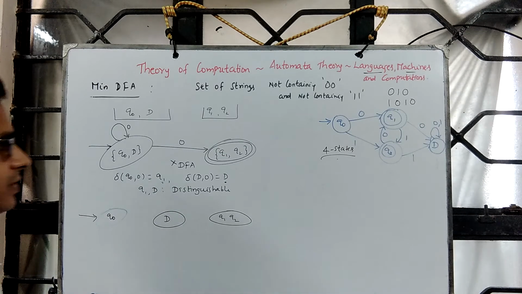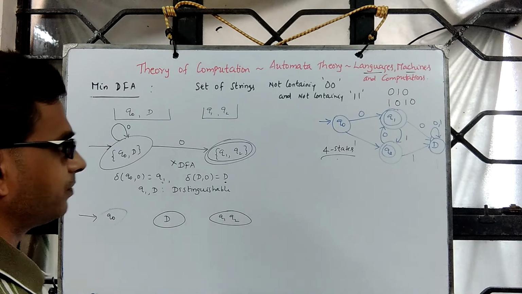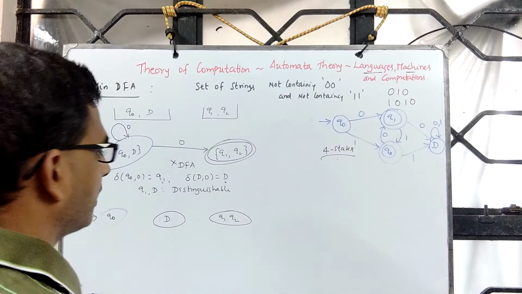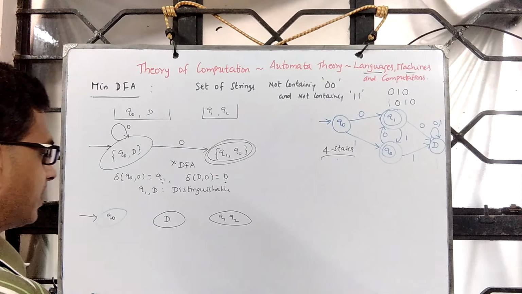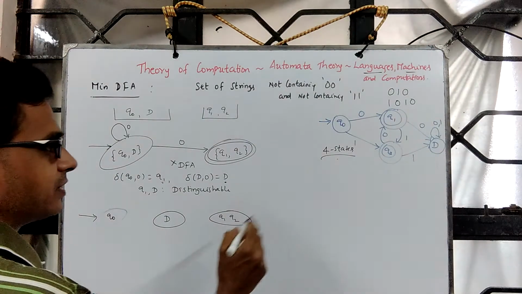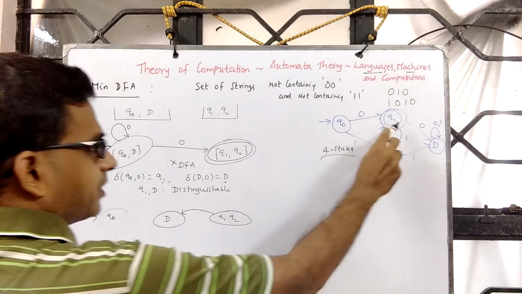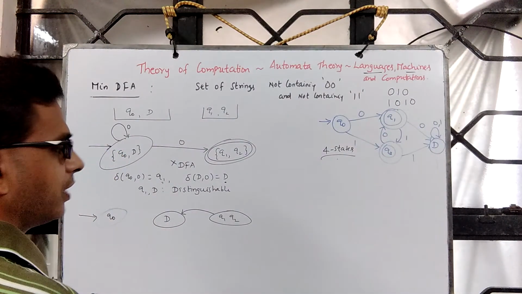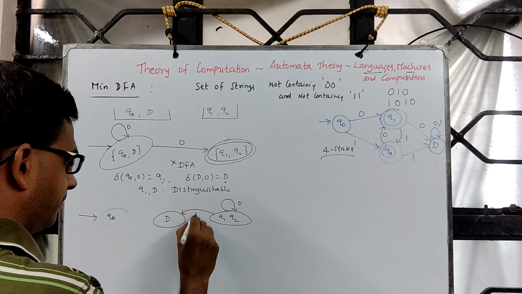So let's look at this. Now these two cannot be split. Let's look at Q1, Q2. Q1, 0 says D. Q2, comma 0 says Q1.